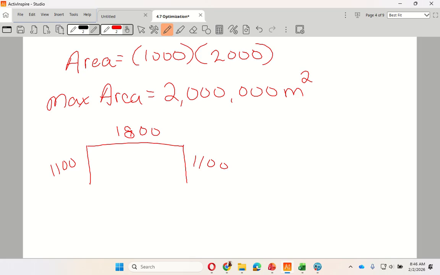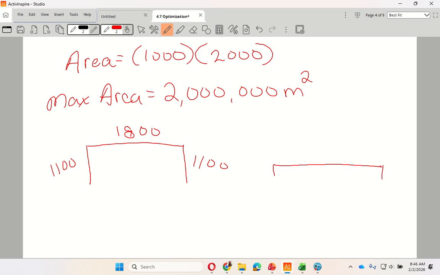So are you saying try to make it others? Okay, let's try it out. If I were to use all 4,000 meters, and instead of making a big area, I just make it a long rectangle.